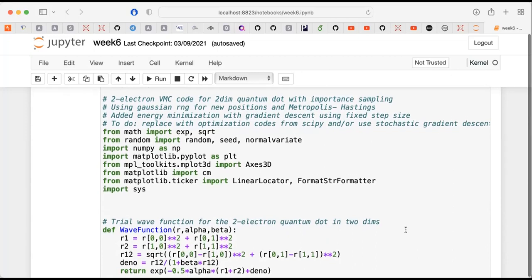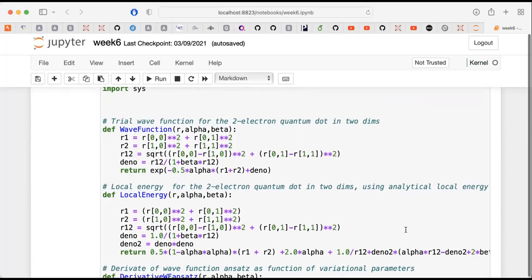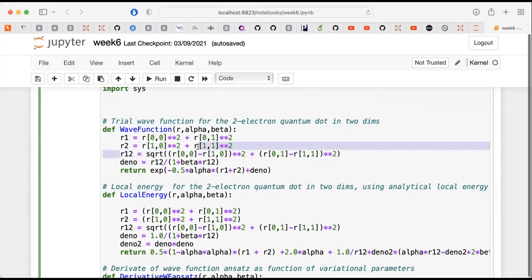So again, what you will see is a trial wave function where we have the position of one particle, the position of the other one, but we need to calculate the relative distance between the two particles. And this is given by this variable R12. So the wave function depends on two parameters, alpha here and beta. Alpha is the dominating variational parameter.